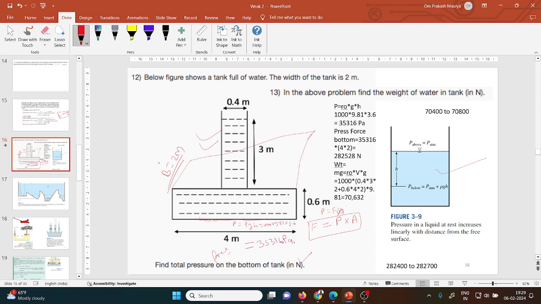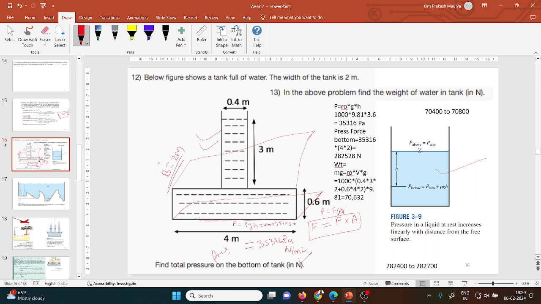But you need to calculate the force at the bottom. What is the area at the bottom? Pressure is Newton per meter square.